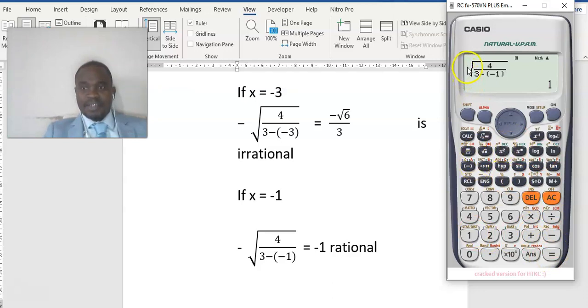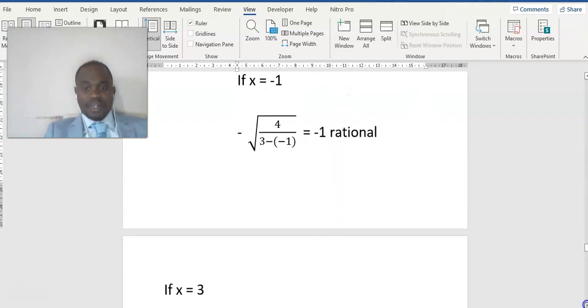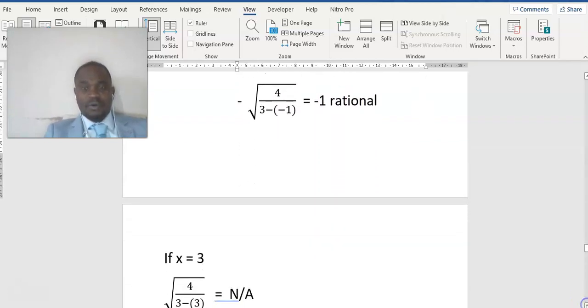And remember, there is a minus in front of the value, so there's a minus here. It gives us -1, and -1 is a rational number. I've already showed you that you can write it in the form a over b. This is going to be -1 over 1.